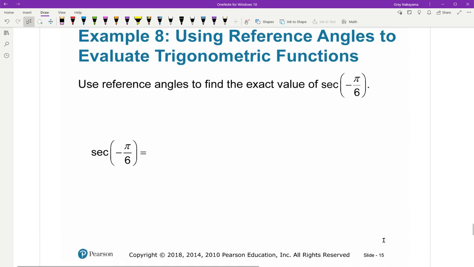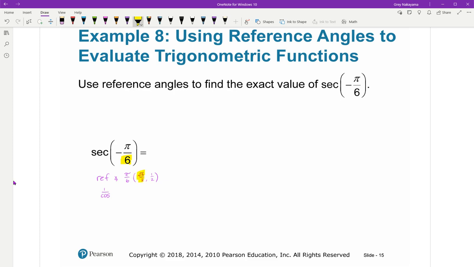All right, two more. Okay. The secant of negative pi over 6. The reference angle, pi over 6, is on the unit circle. So my reference angle is pi over 6. The coordinates of pi over 6 are square root of 3 over 2 and 1/2. And the secant is 1 over the cosine. This is all to find the value. 1 over the cosine means I got to flip this guy right here.